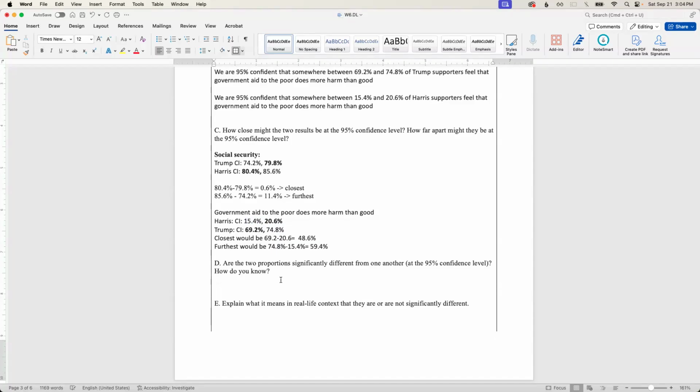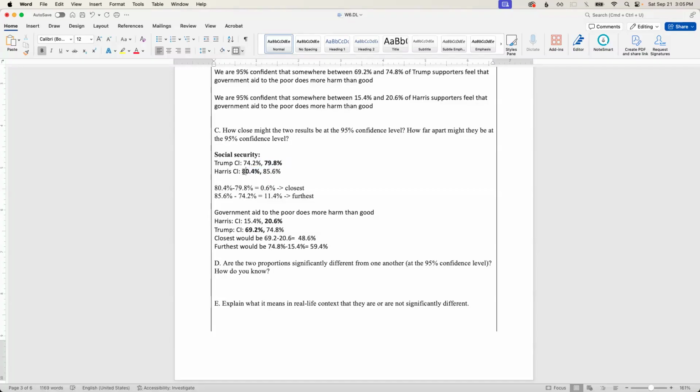So are these proportions significantly different from one another at the 95% confidence level? For both of these, the answer is yes, because our confidence intervals don't overlap. So we're 95% confident that at most 79.8% of Trump supporters say that we shouldn't change Social Security, and at least 80.4% of Harris supporters feel that way.